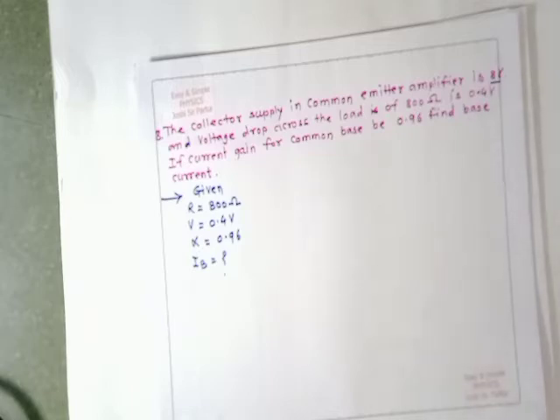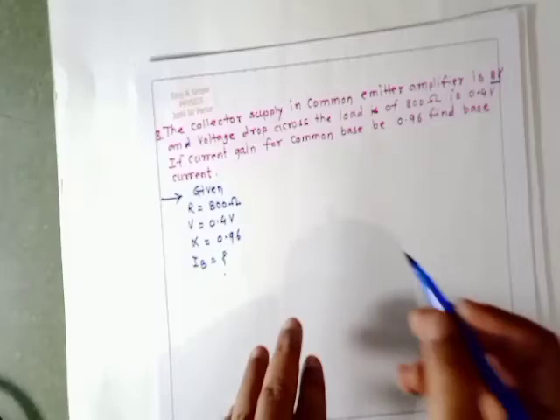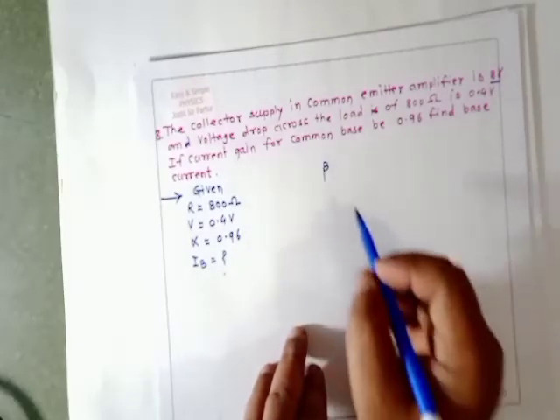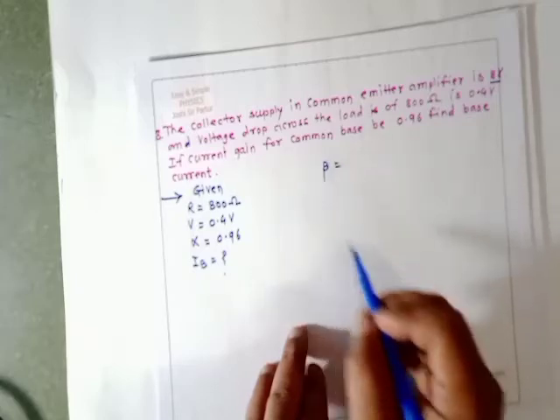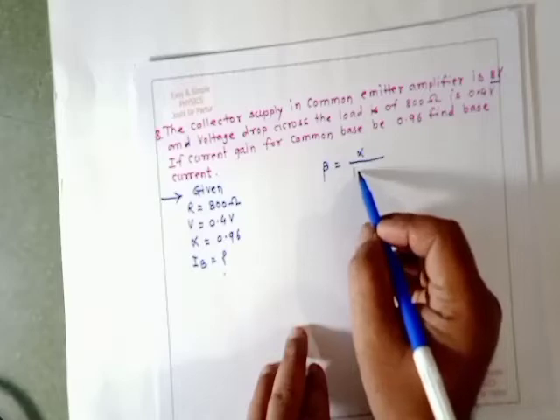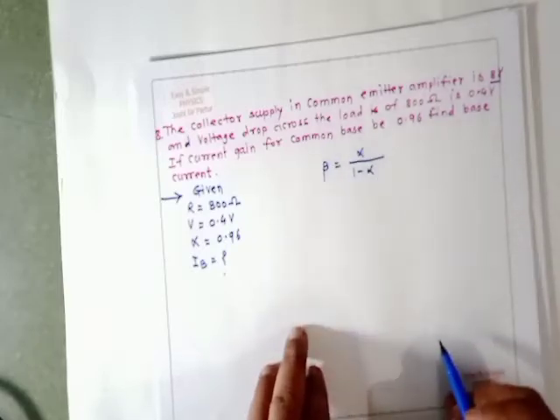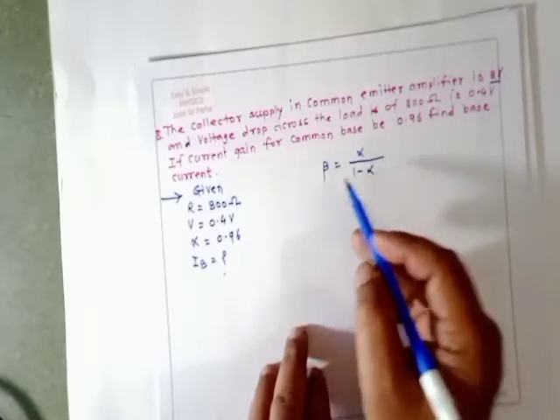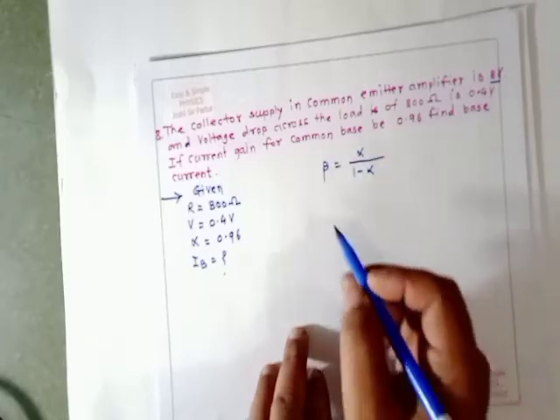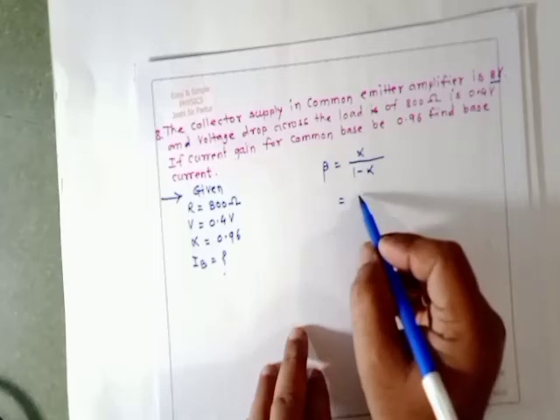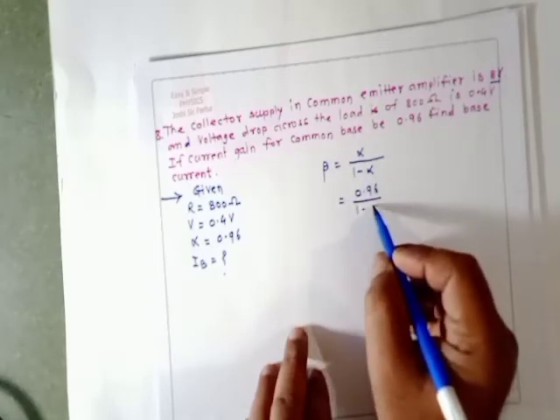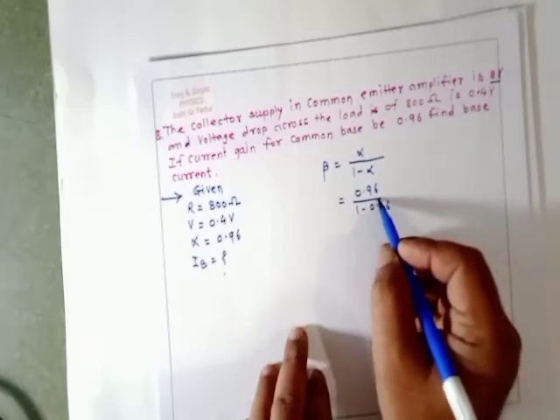So first of all, we use the formula for current gain: beta is equal to alpha upon 1 minus alpha, or beta DC is equal to alpha DC upon 1 minus alpha DC. If we substitute the values, it will be 0.96 upon 1 minus 0.96.